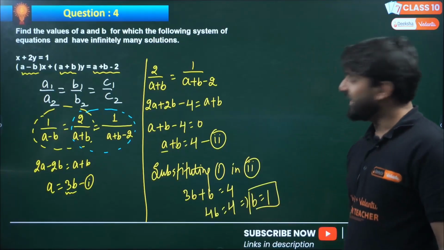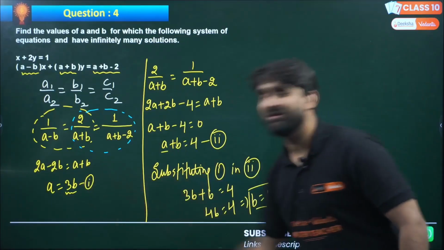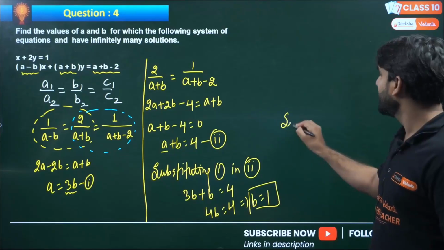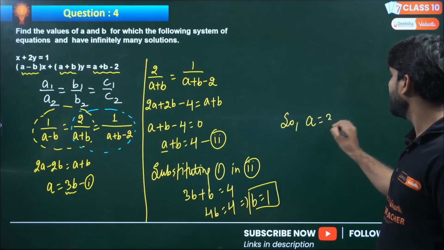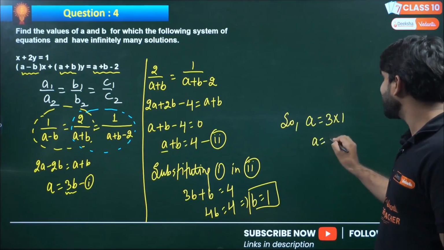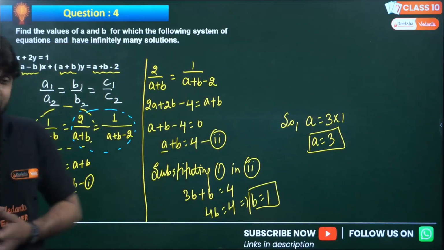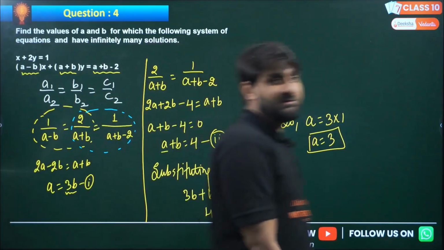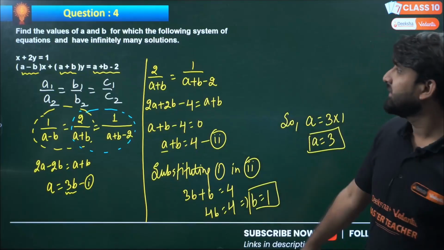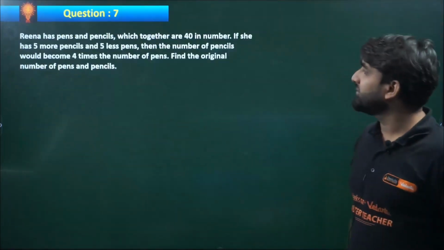First answer. And once you get b, you can put b is equal to 1 here, so 3 into 1, so a is equal to 3. a is 3 and b is 1. This is the answer, and this is what the question wanted from us. Clear everyone? Moving ahead, question number 5.